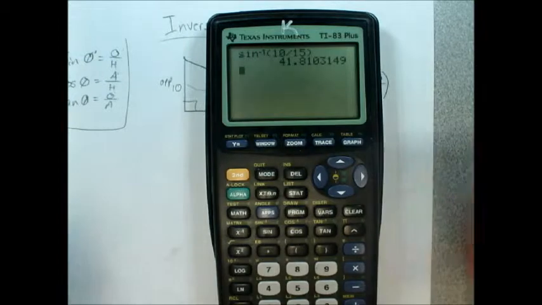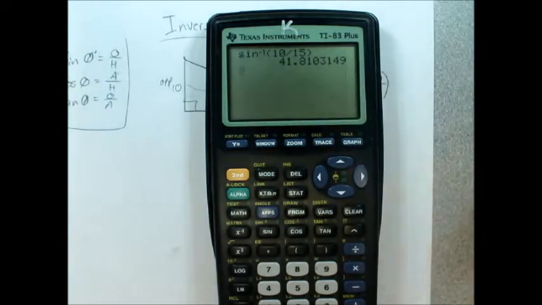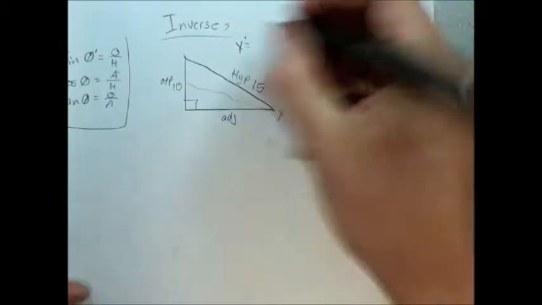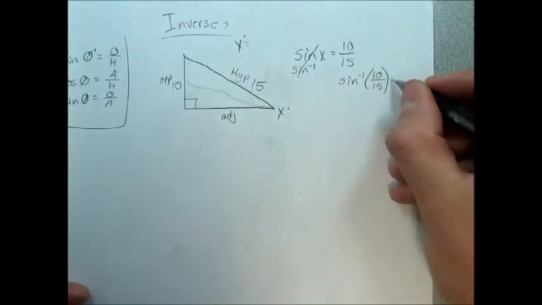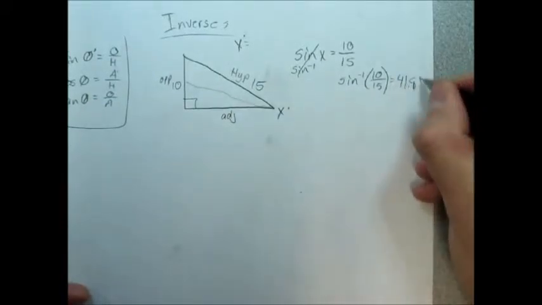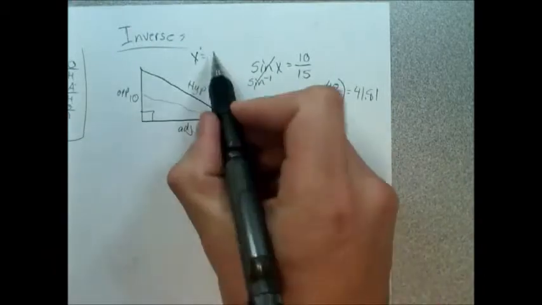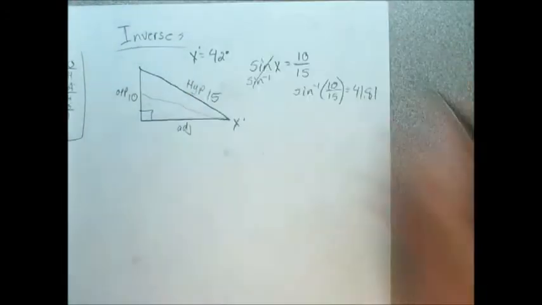So if we rounded this one to the nearest degree, it would be 42. So the answer would be sine inverse of 10 over 15 is 41.81. I'll round it to the hundredths there. And then, since I'm rounding it to the nearest degree, I'd put 42 degrees.